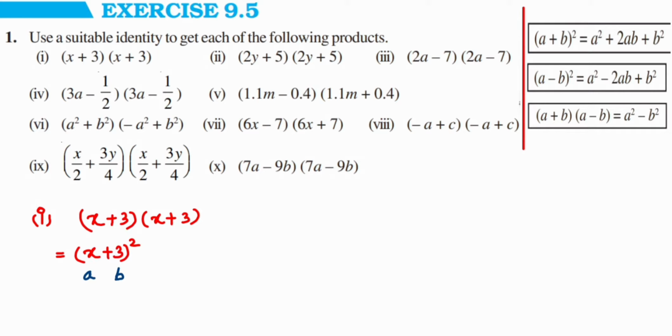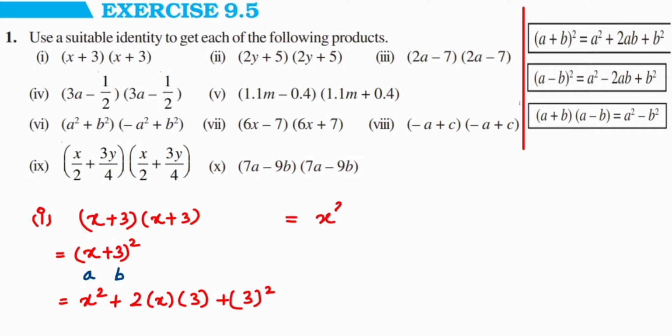By doing this we'll get, in place of a square, x square, plus 2ab. So 2 into, in place of a we have x, in place of b we have 3, plus b square, so that is 3 square. So this will be equal to x square.